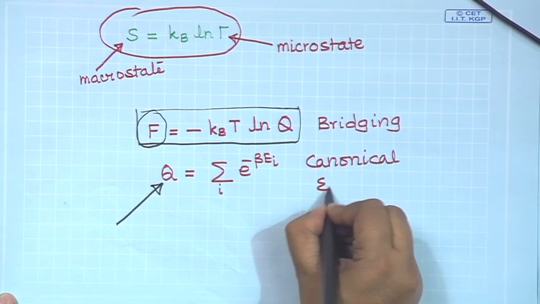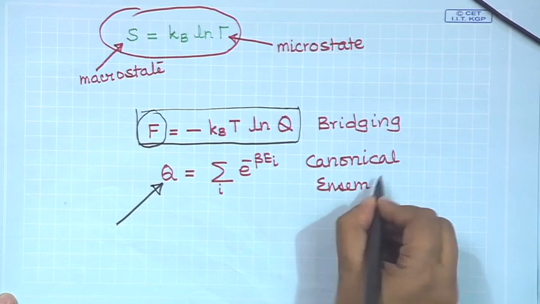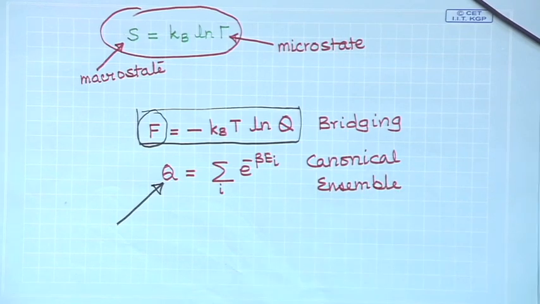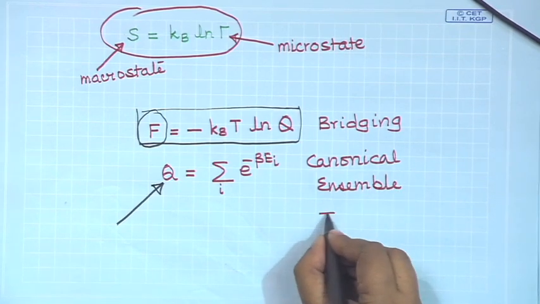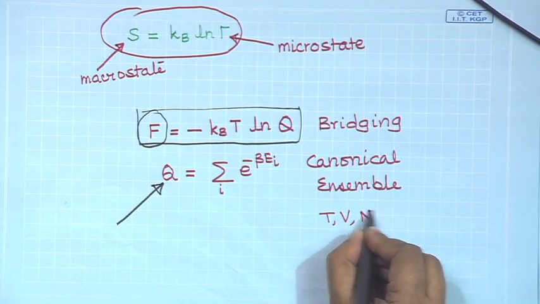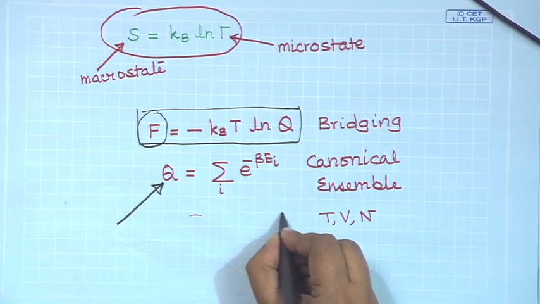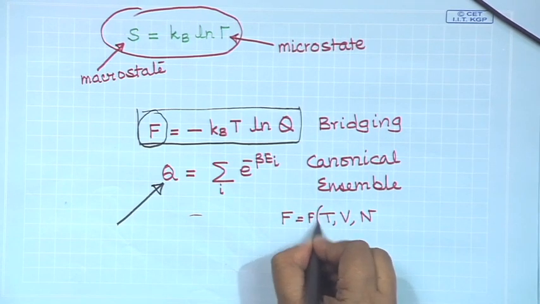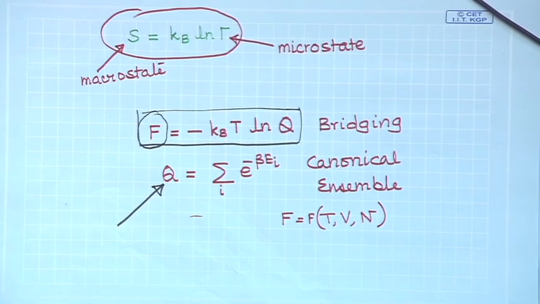As you understand, in the canonical ensemble, the thermodynamics is being described in terms of a given temperature, volume and number of particles. We know that F is a thermodynamic potential under such condition, which is a natural variable of these three parameters, and this appears in this bridging relationship.